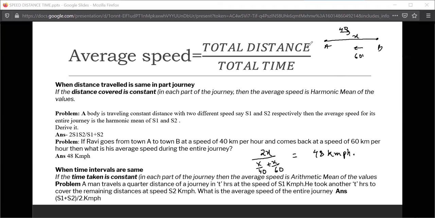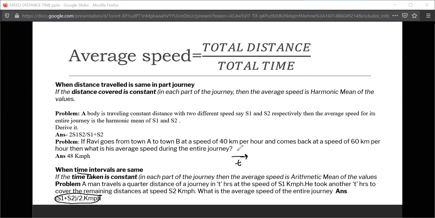Let's move to the next problem. When the time intervals are same, in this case it's very simple. Simply take the arithmetic mean of the speeds, and that will be done. In fact, if several time intervals are given, and all are same, suppose it traveled in time t with the speed s1, again in time t with s2, again in time t with speed s3, and so on.